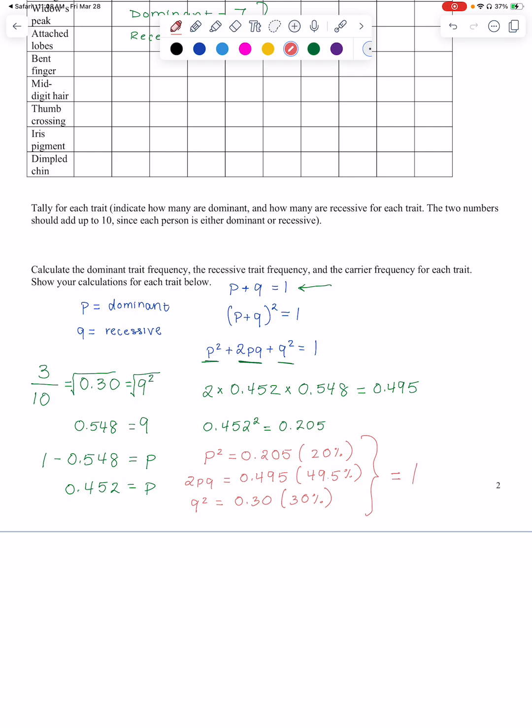So now I can look at that and say, great, I have done my math properly, and I've figured out the frequency of these different traits. We've figured out the dominant trait frequency, the recessive trait frequency, and the carrier frequency. Hopefully this video helps.